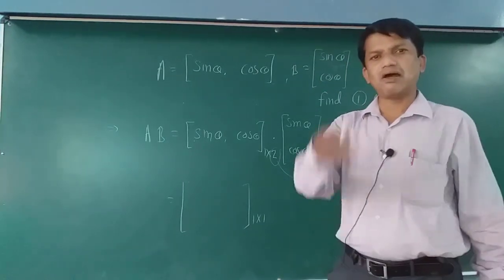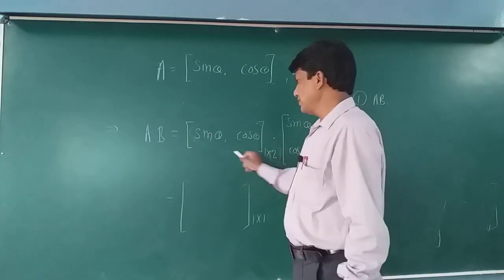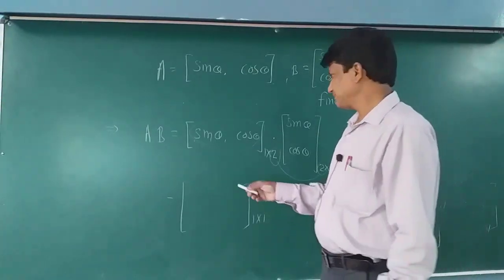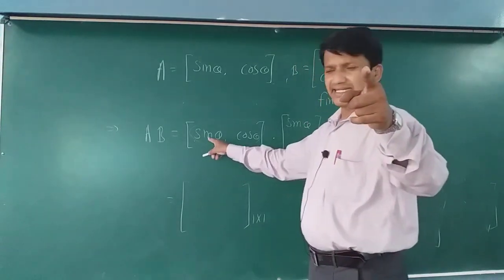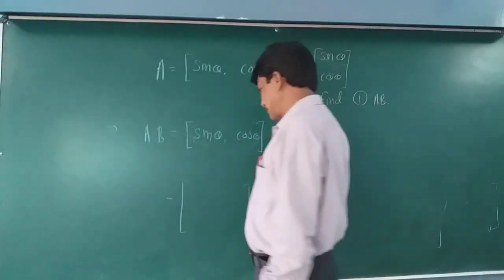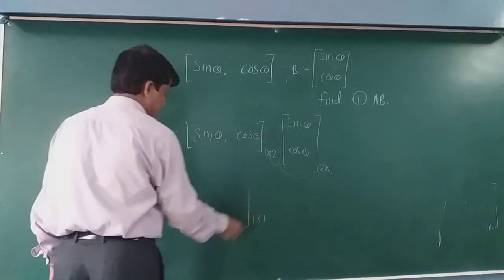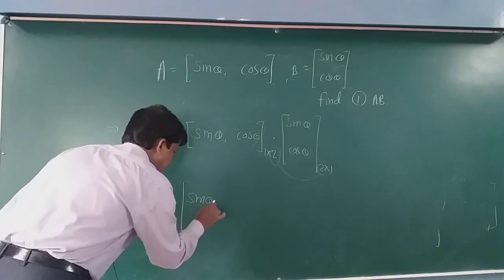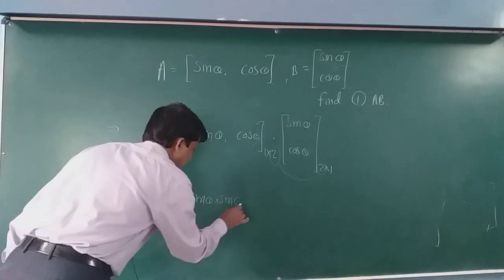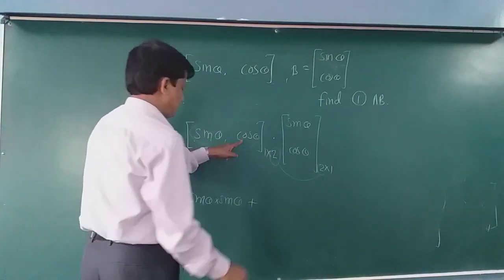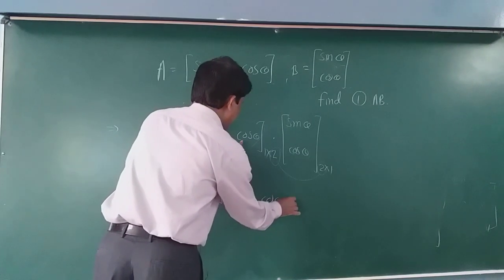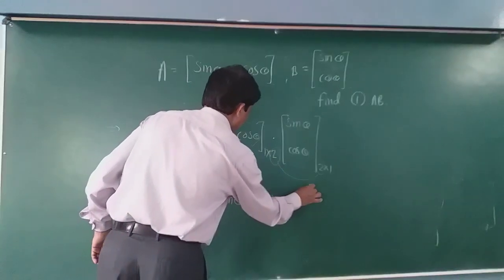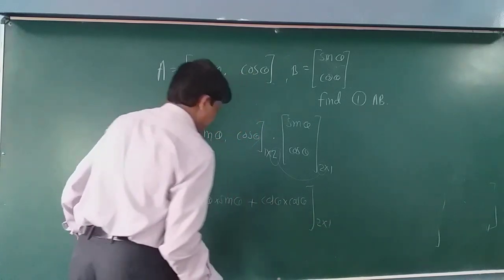Go row wise, come down column wise, but there is only one row. Okay, and there is again one column. So multiply this. First number sine theta with first number sine theta. So we can write here sine theta multiplied by sine theta plus second, cos theta into again cos theta, and order is here 2 by 1.